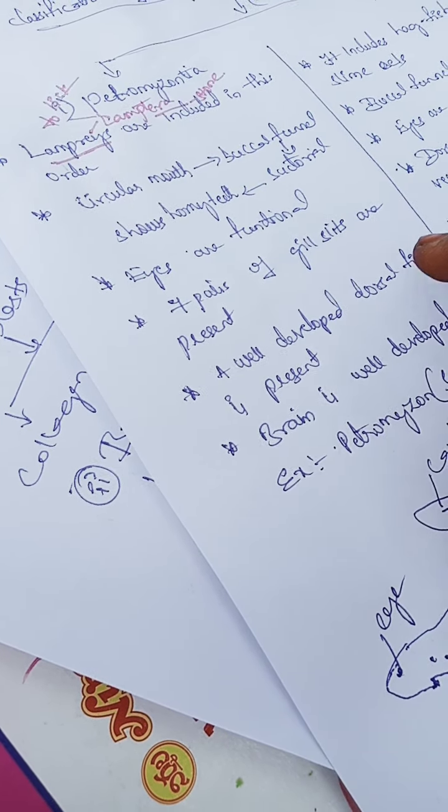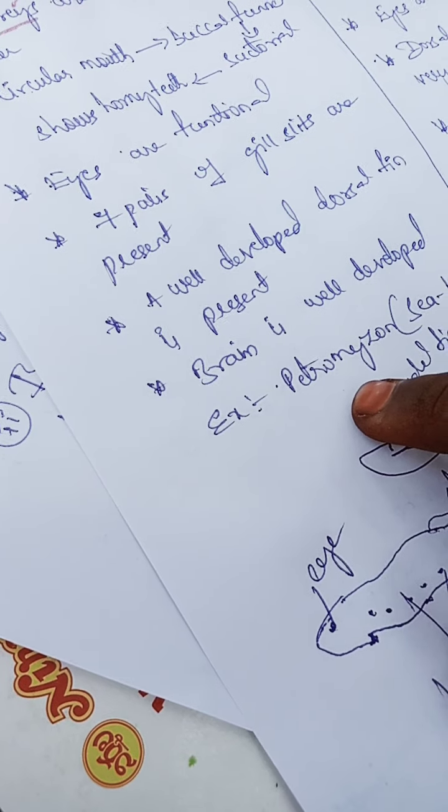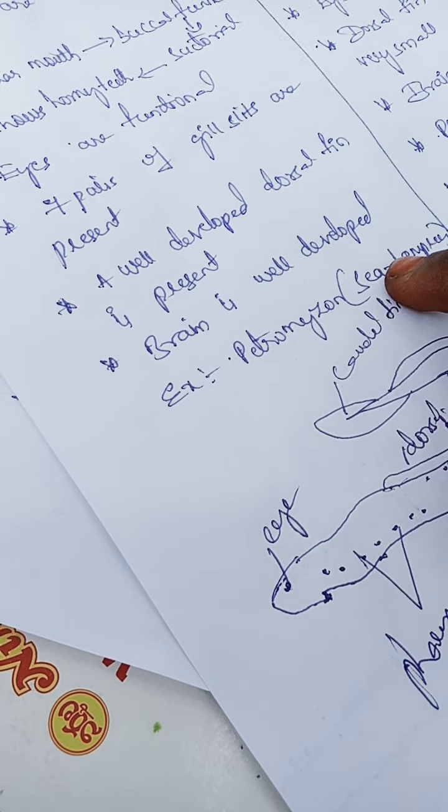Using this dorsal fin they can easily swim, and they have only dorsal fin and caudal fin, not ventral. Next, the brain is well developed in these organisms. What example can we give? Petromyzon, commonly called sea lampreys.